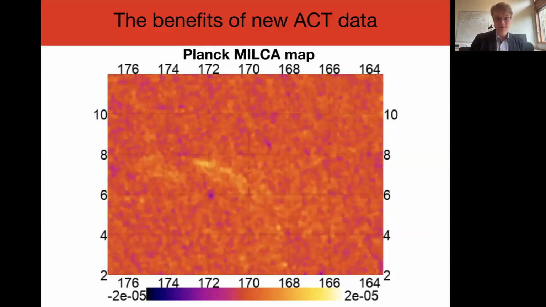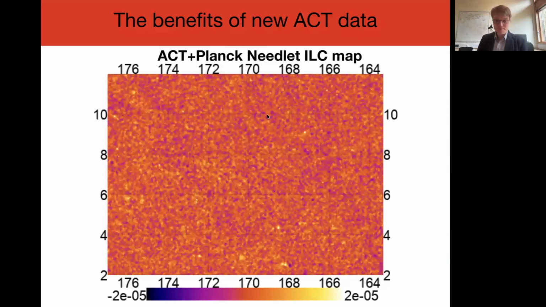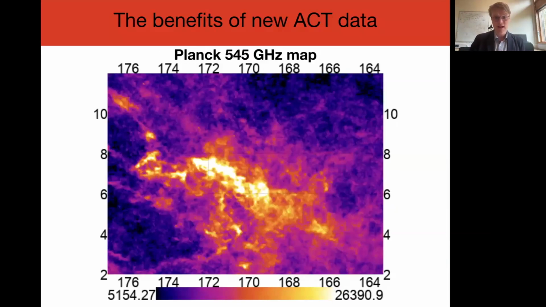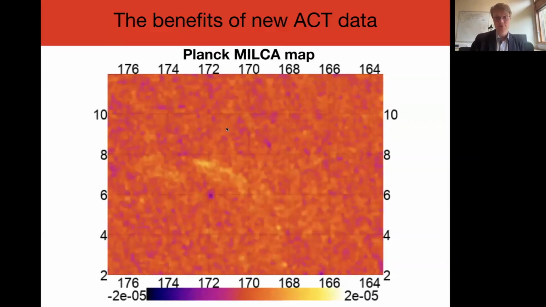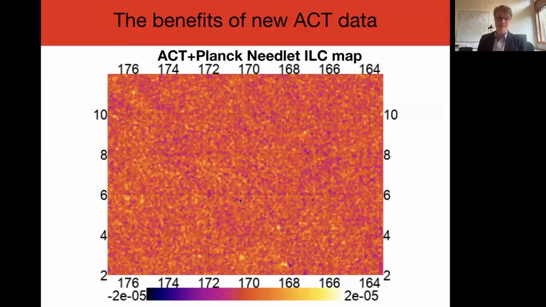There are some structures, however, noticeably this diffuse region here, which disappear in the ACT plus Planck map. Looking at the high-frequency Planck data, we actually see that there is a very large clump of dust in this region, as shown here, that traces out the diffuse structure that disappears. So this really highlights the benefit of adding higher resolution, low frequency data from ACT to the high resolution Planck data.